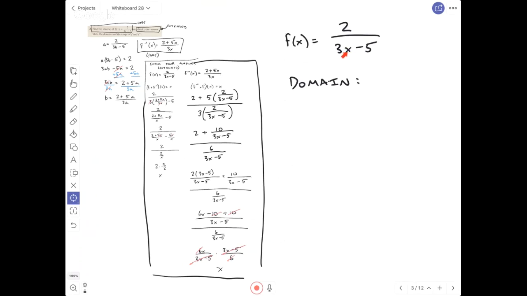If this was 5/3, then 5/3 times 3 would be 5, and 5 minus 5 would be 0. So domain is the set of values x such that x does not equal 5/3.